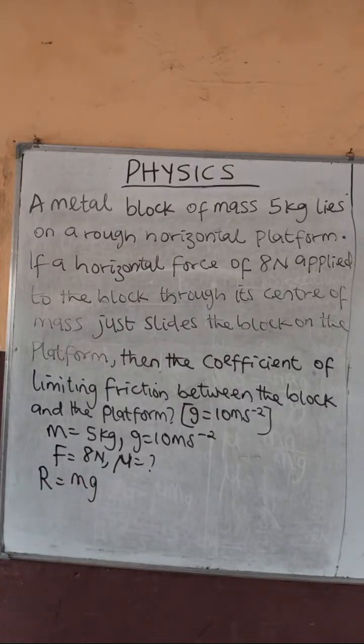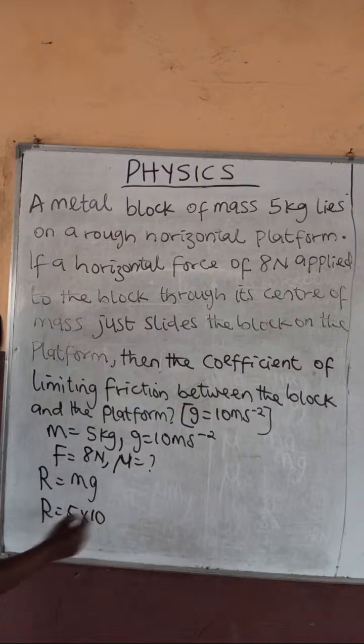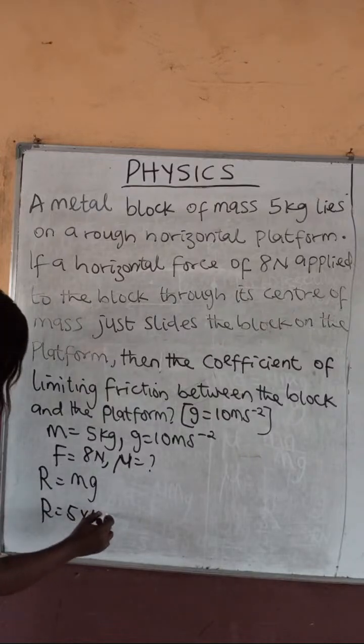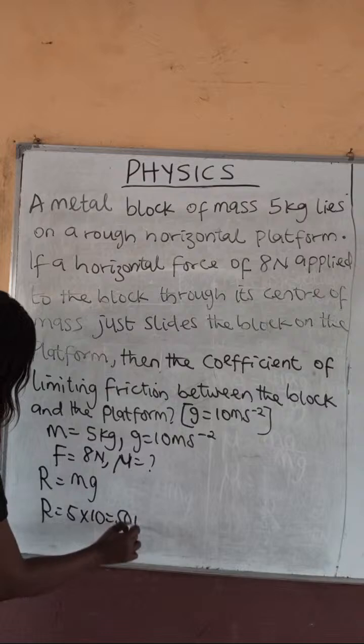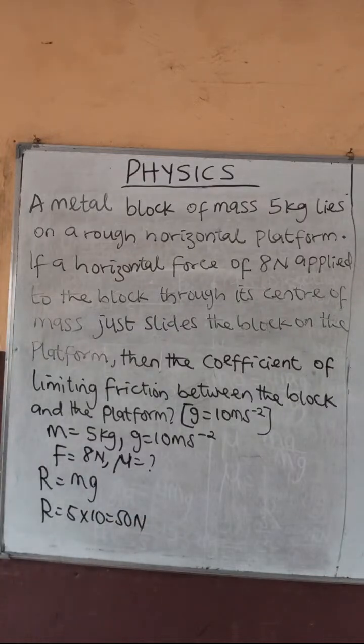My mass is 5 times my g is 10, and I multiply, it gives me 50 Newton, whereas my frictional force is 8 Newton.